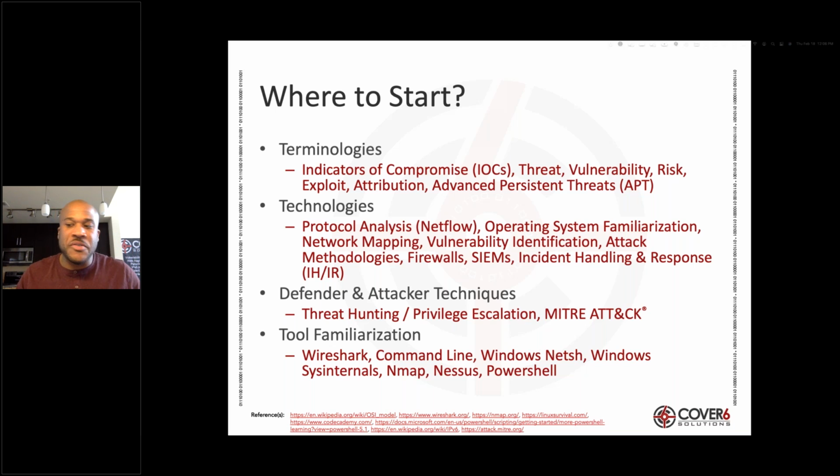Once you identify the vulnerabilities, there's a fork in the road. The defenders are going to try to mitigate or fix those vulnerabilities. The attackers are going to try to exploit them. So the more familiar you are with those techniques and how to identify individuals that are trying to identify these ports, services, and vulnerabilities, the better off you'll be.